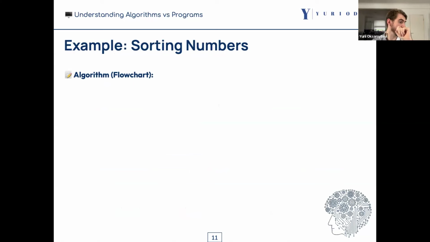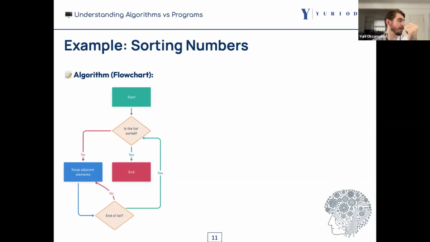First, let's use a flowchart as an example of an algorithm. We can see what we are doing in the beginning: we are starting and checking if the list is sorted. If the list is not sorted, we are swapping adjacent elements. So what is the name of this approach to sorting numbers?